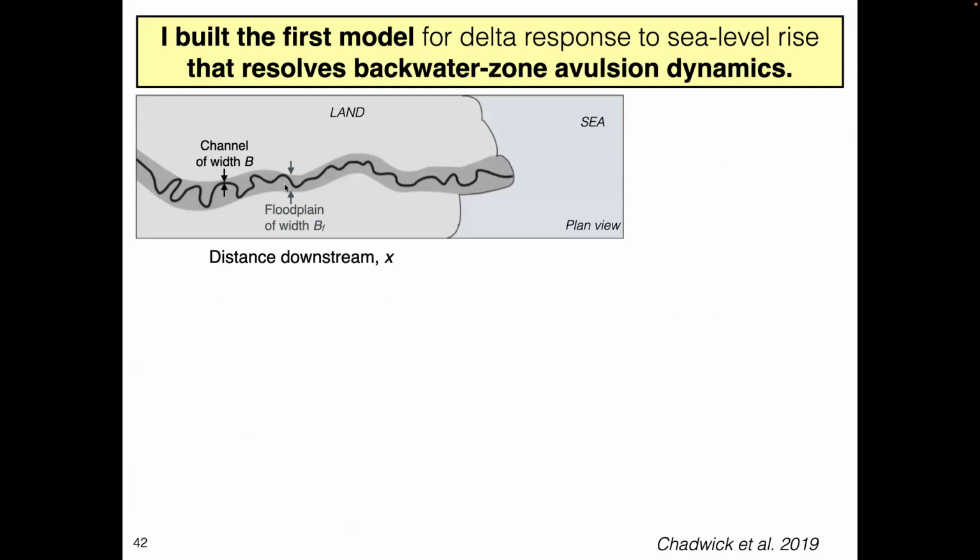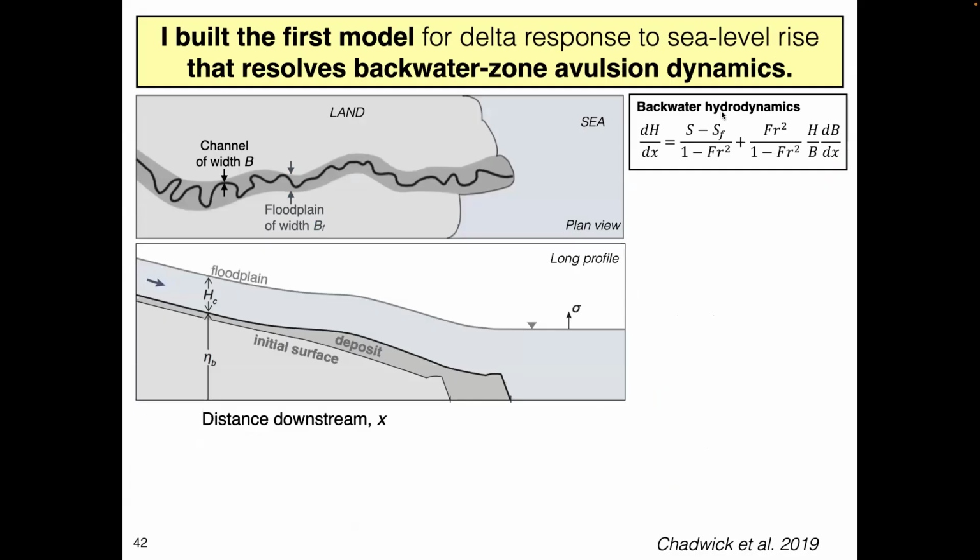Briefly, how it works is we imagine some starting point of a land and sea and a channel with known width and with a floodplain of known width. We solve for the backwater hydrodynamics along the long profile of that river, just using flow, mass, and momentum conservation under gradually varied conditions. We solve for the sediment transport in the river. This is just using Engelund and Hansen 67 total bed material load. It just says the amount of sediment carried is going to scale with the Shields number.